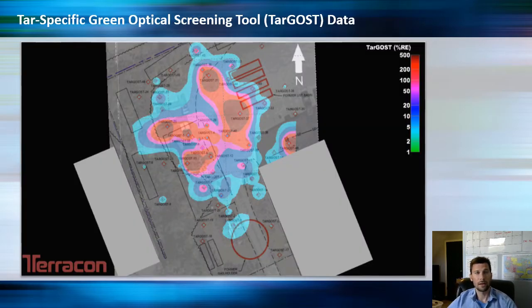This next model is tar-specific green optical screening tool data, or TARGOST for short. And that's a tool made by Dakota Technologies, basically for heavier distillate types. And this is actually a manufactured gas plant.